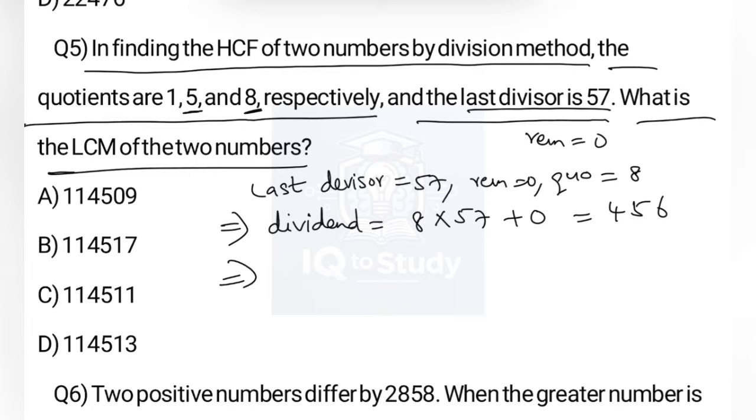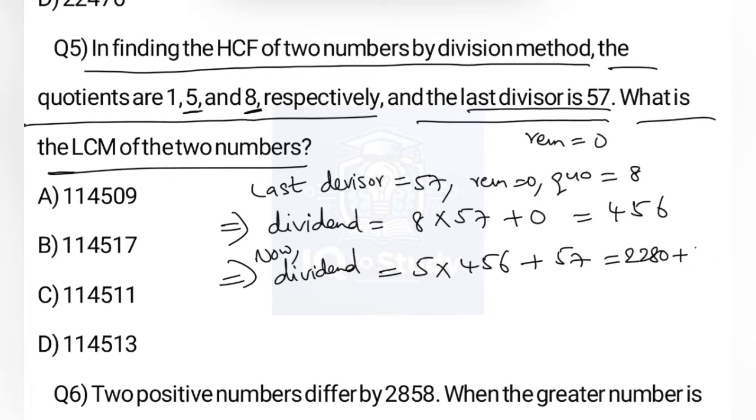So dividend is equal to quotient into divisor plus remainder, which is 57, that is equal to 2280 plus 57, which is equal to 2337.